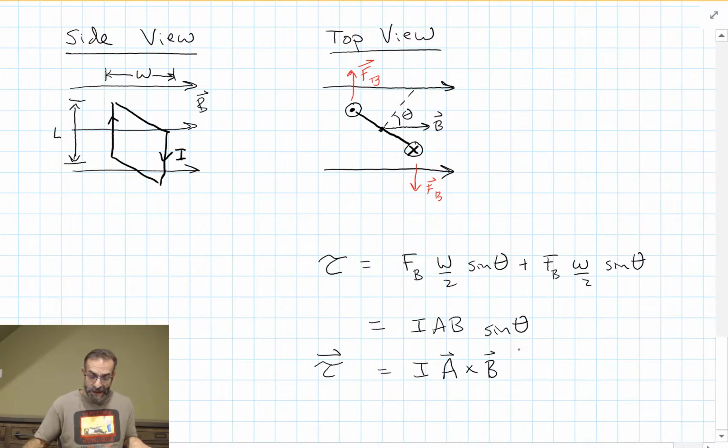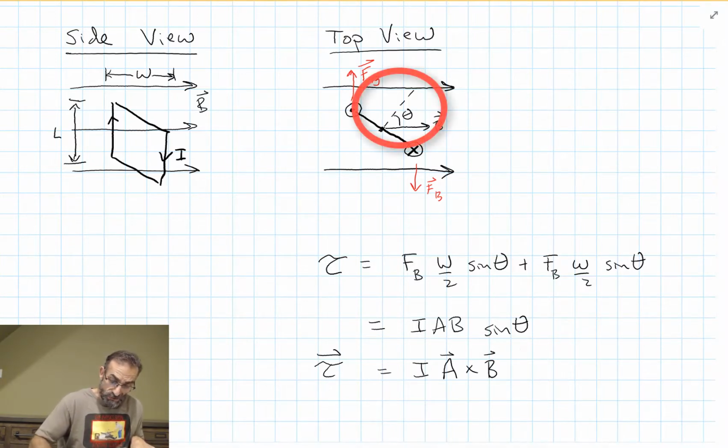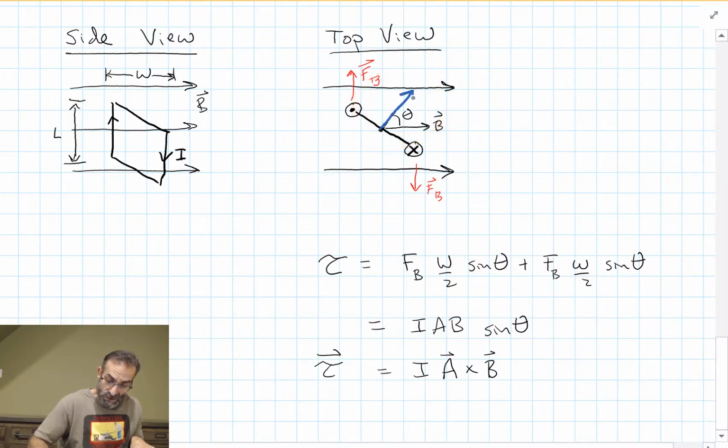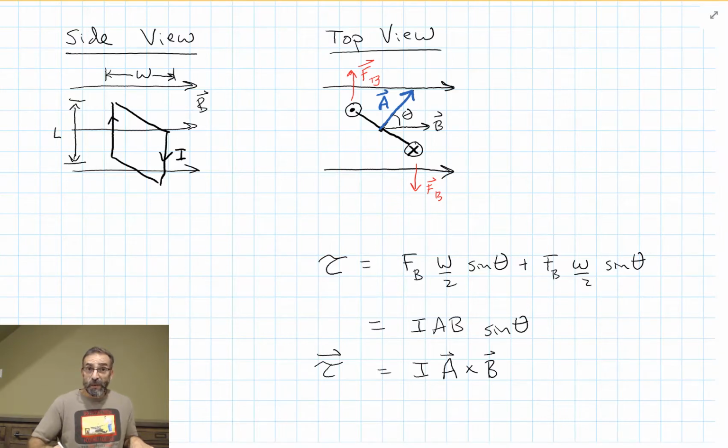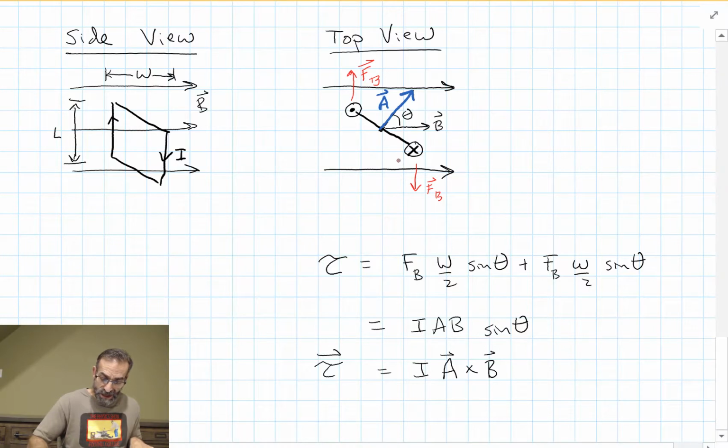A is the area vector, and it points perpendicular to the loop of wire, and its magnitude is equal to the area of the loop. In this case, our wire loop is rotating clockwise as we look down from above.